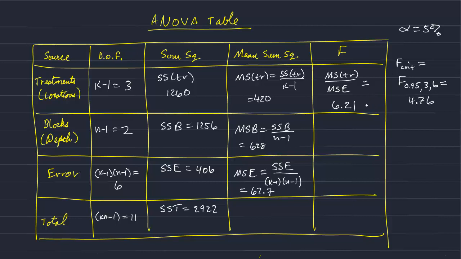So based on a comparison between our measured value of F and our critical value of F, so this is for the locations, F is greater than our critical value, so we would have to reject H0, that the differences associated with location are 0.